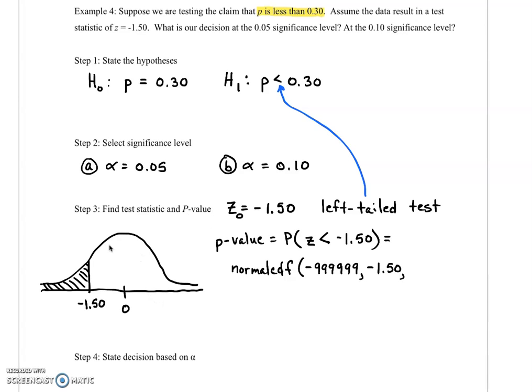And because this is a standard normal curve, our mean is 0 and our standard deviation is 1. And when we plug that in, we will get a p-value of approximately 0.0668.